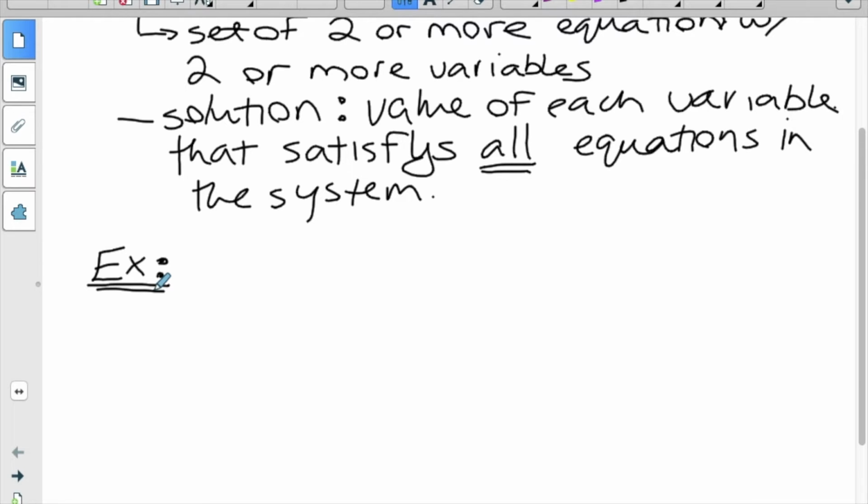Note to self, make up the system before you just go on the fly, right? Because I could make something up, but I want to make something that's going to have a nice solution, because otherwise we're going to get crazy fractions, right? Which is totally fine, but anyway.